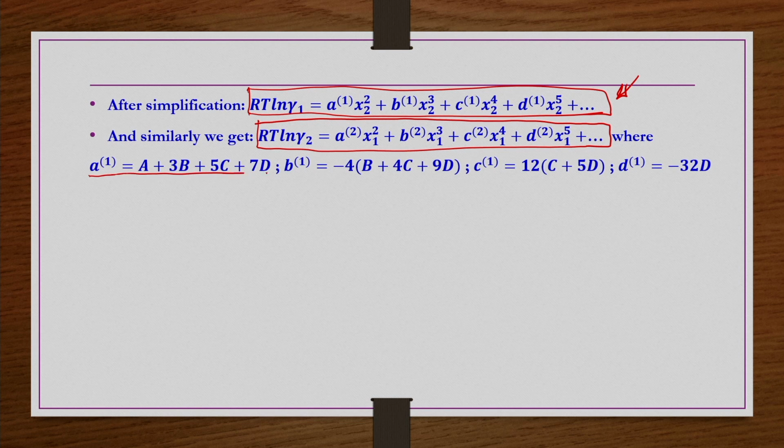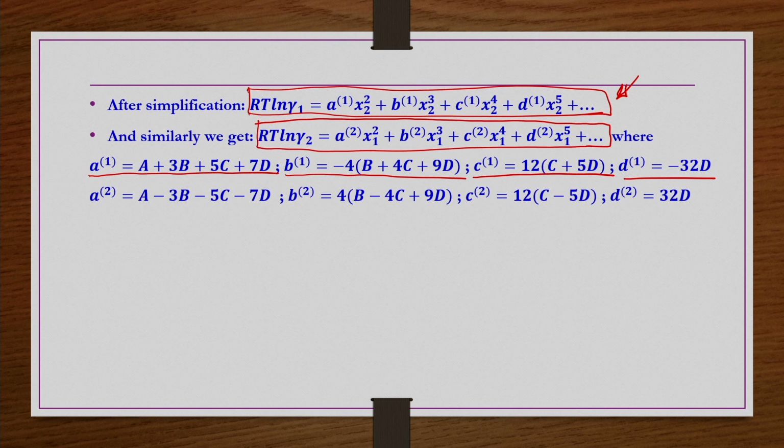A1 is nothing but A plus 3B plus 5C plus 7D, and then B1 is equal to minus of 4B plus 4C plus 9D, and C1 is equal to 12C plus 5D, and then D1 is equal to minus 32D. Right. Similarly A2 also you have these expressions. Okay. This is A2, this is B2, this is C2, this is D2.